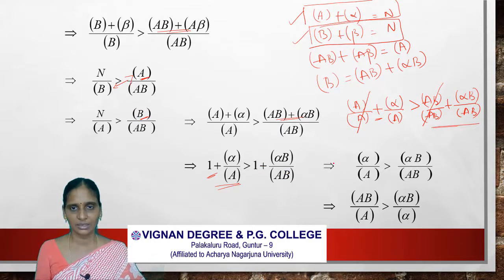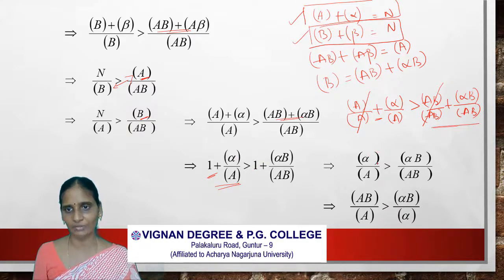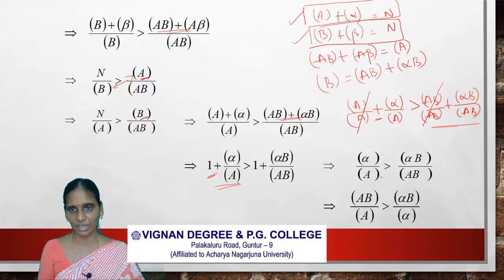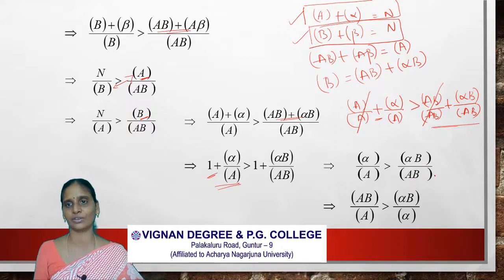That implies in the next step we have to cancel 1 on both sides. Then we get frequency of alpha by frequency of A, which is greater than frequency of alpha B by frequency of AB.